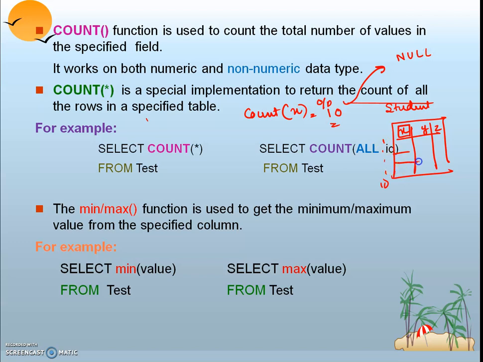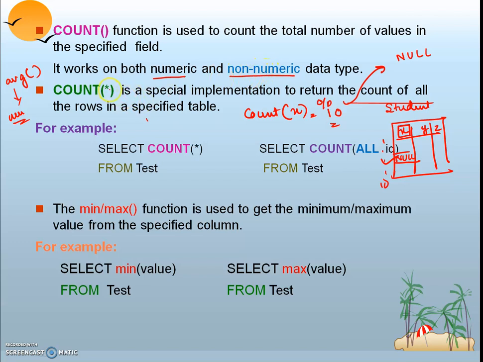If one of my records in the X attribute carries a null value, even that will be considered by the count aggregate function. And one more thing, count can be applied to numeric as well as non-numeric data types. If you observed in the previous AVG function, it was applied only to numeric values, but here it works for both numeric as well as non-numeric data types.